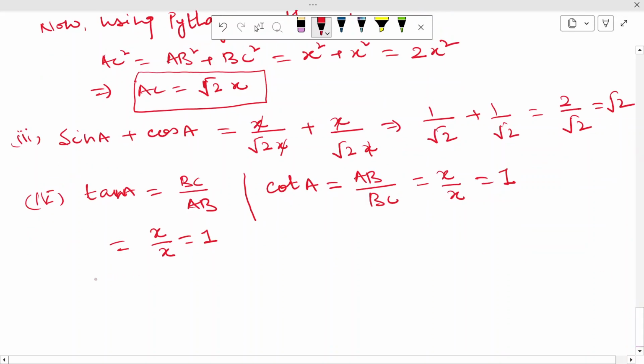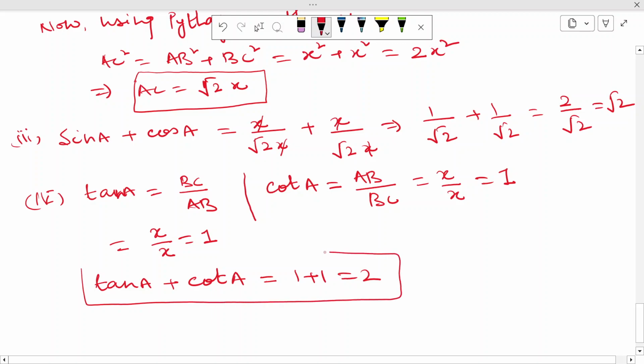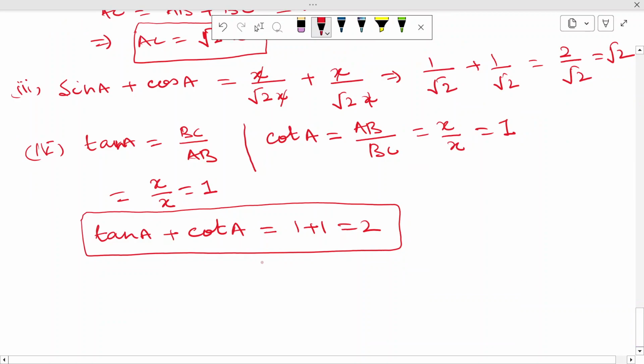So if you add tan A and cot A, that will be 1 plus 1, and this is coming out as 2. So this is how we can prove the fourth part. Okay, so this is just a simple application of our trigonometrical ratios for acute angles.